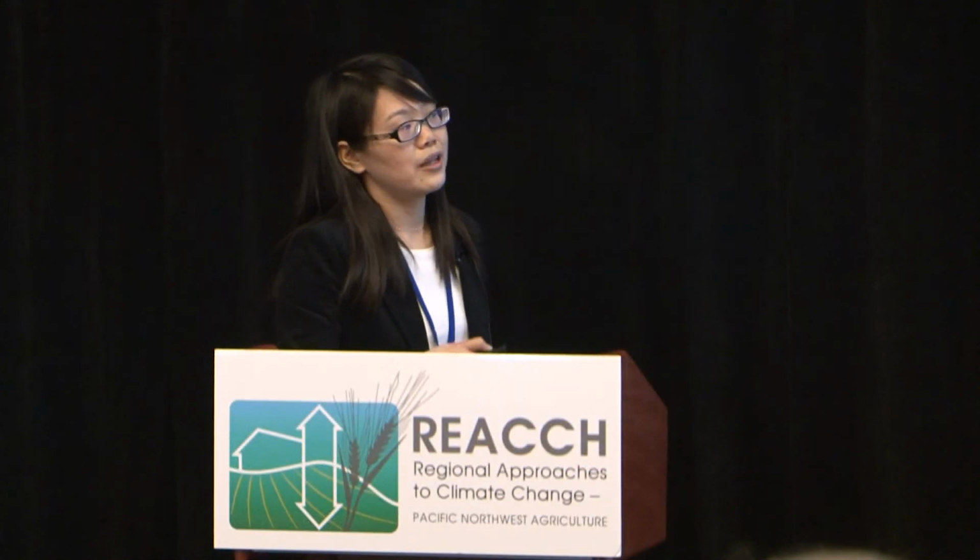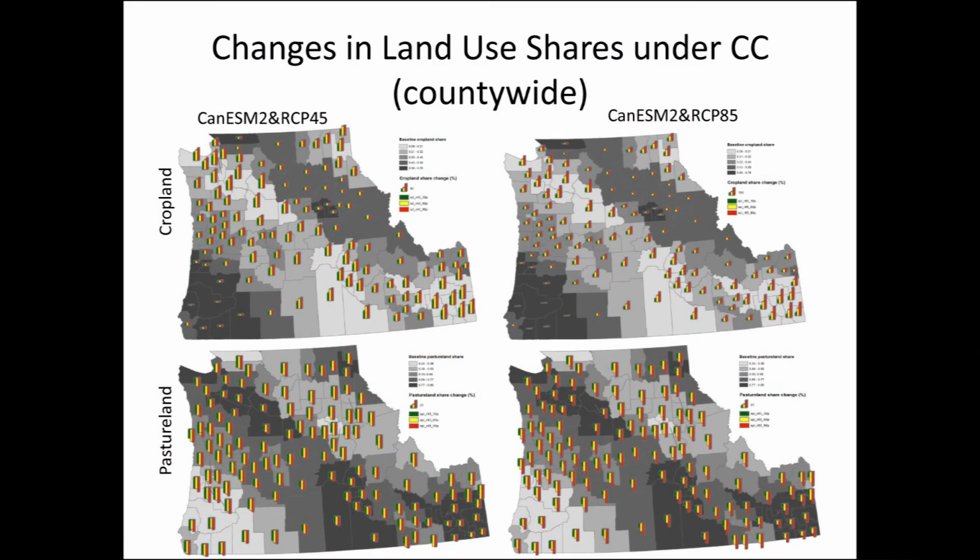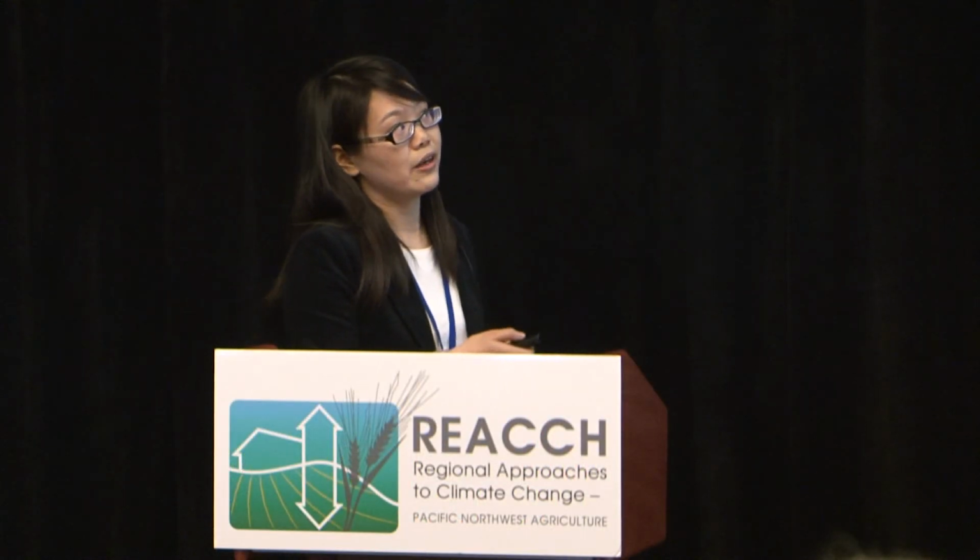And these numbers just show the average results across 14 GCMs and all counties in the Pacific Northwest. When we look at one GCM, like CanESM2, at county level, you see cropland, again, is increasing and the pastureland is decreasing. And this is under RCP 4.5, and this is under RCP 8.5. So you see the major variability across counties and across GCMs.